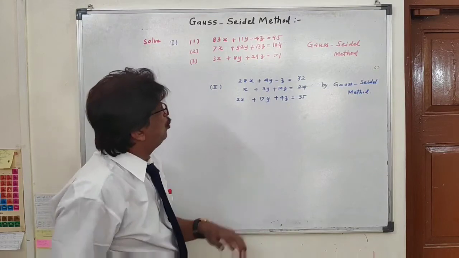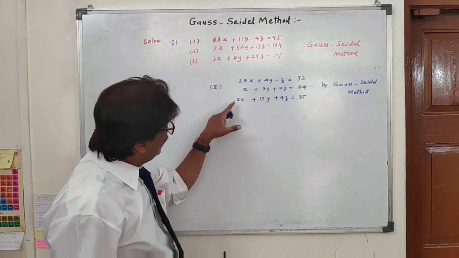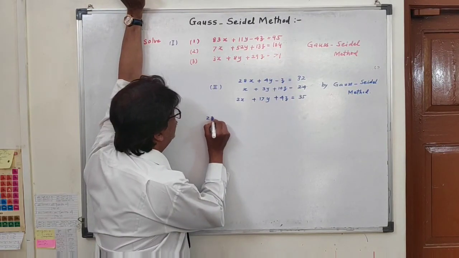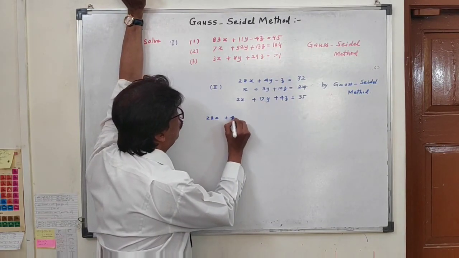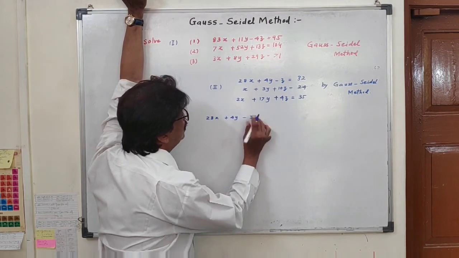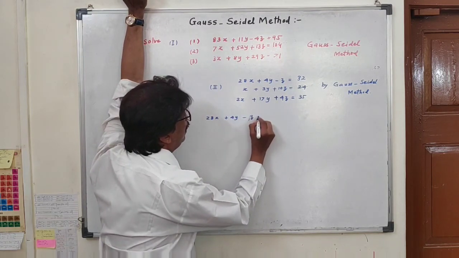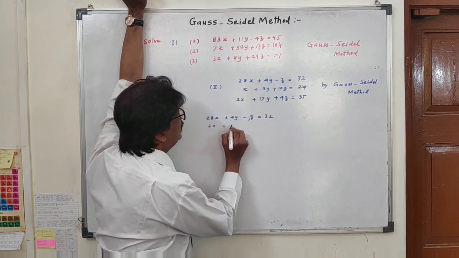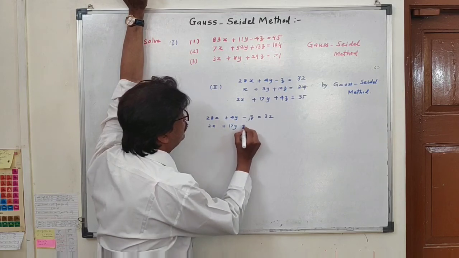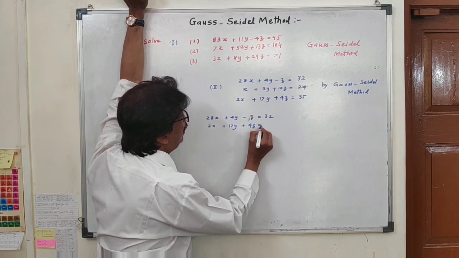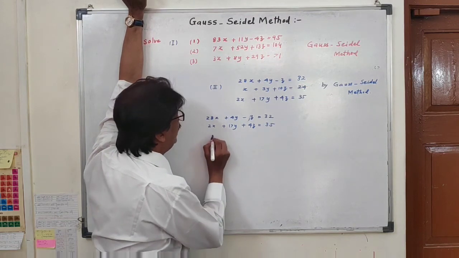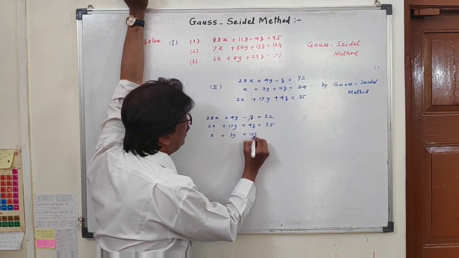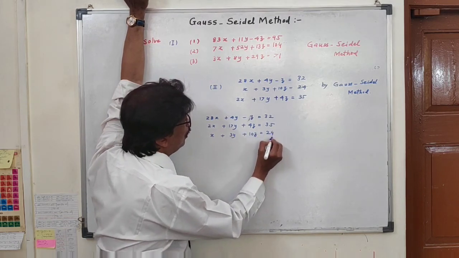Absolute value, of course. So this should be rewritten as: this is equation 1, this is equation 2, and this is equation 3. Rewriting: 28x plus 4y minus z equal to 32, 2x plus 17y plus 4z equal to 35, and x plus 3y plus 10z equal to 24.